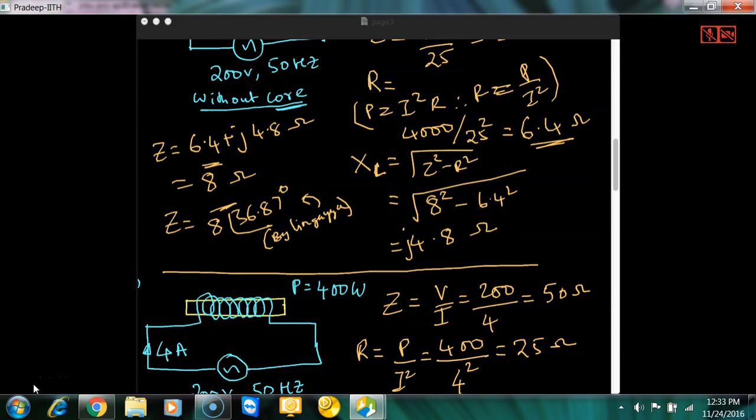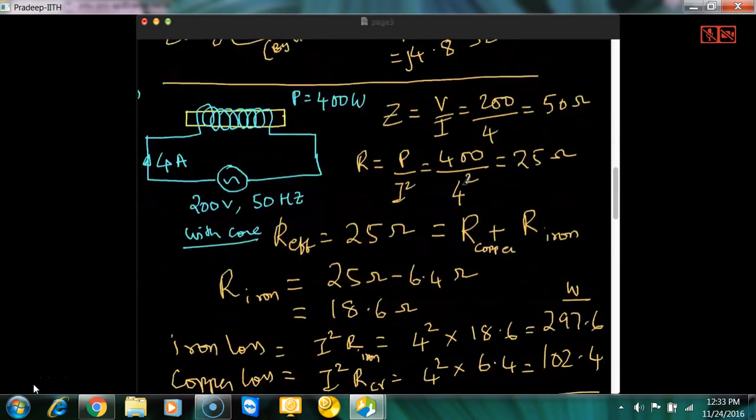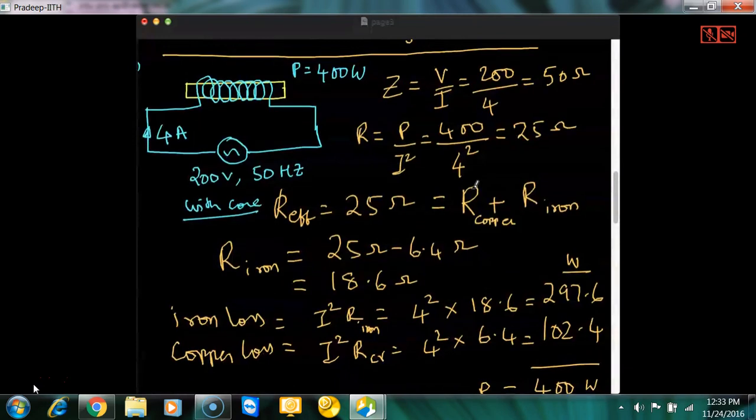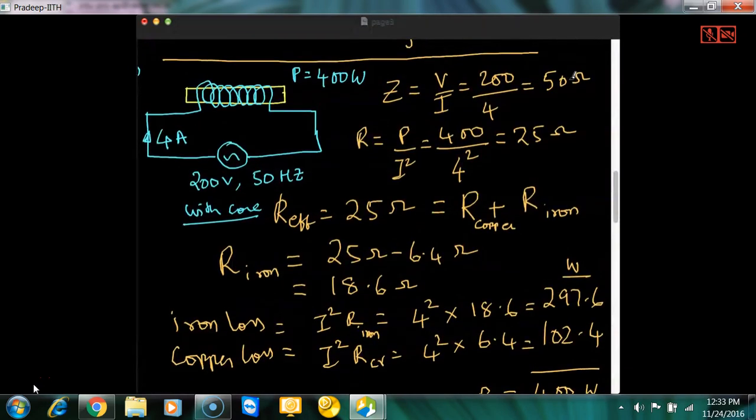And Aditya College has calculated X equal to 43.3. So I am assuming this is the X here. Although it's not required here. See, Z we have calculated. Z is 50, and R also 25. So Z square minus R square under root, I can calculate the effective reactance also.